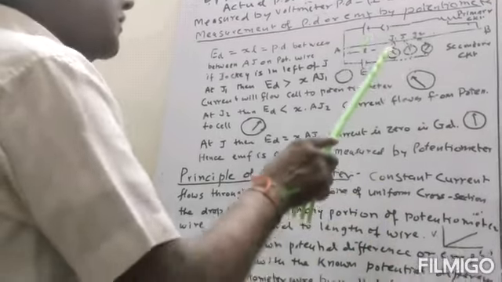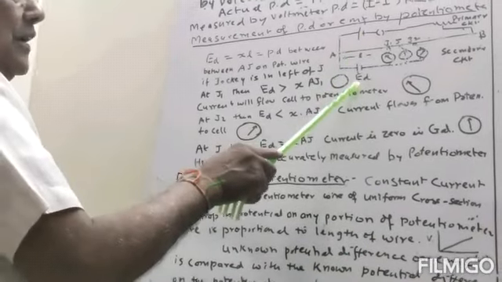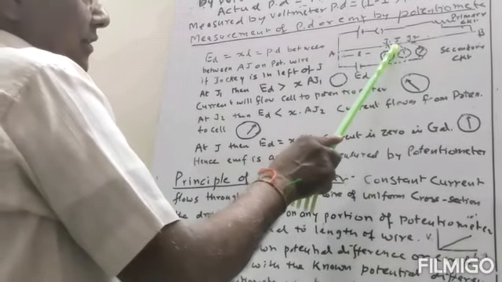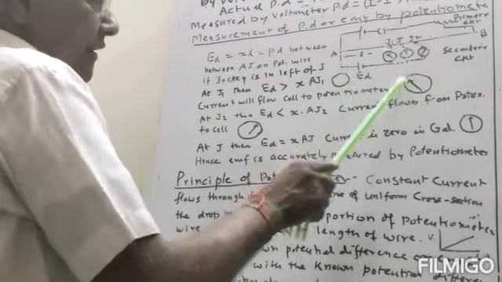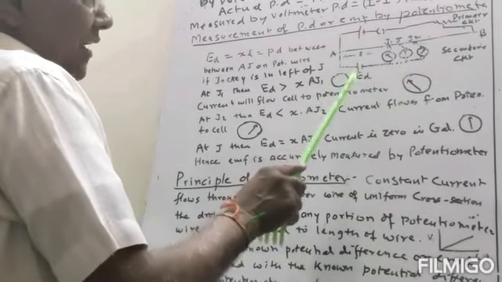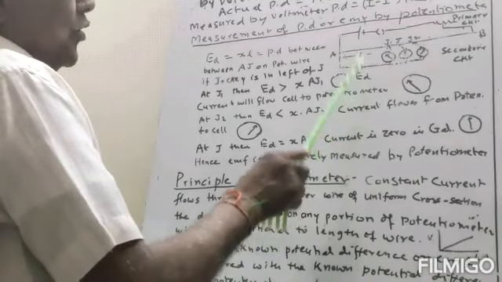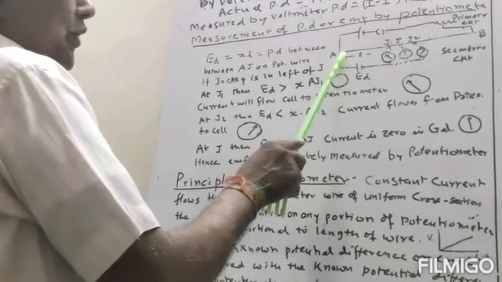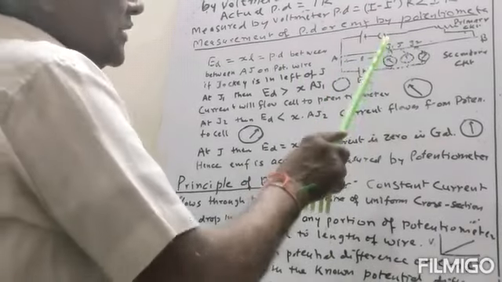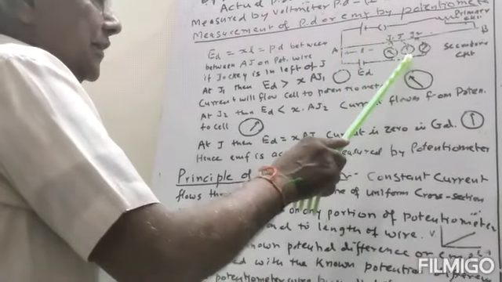Then the EMF ED will be equal to X into this distance l. So this ED is the unknown EMF. Then the unknown EMF will be equal to X, which is the potential gradient, multiplied by the length, which is the balancing length, where the current is equal to 0.